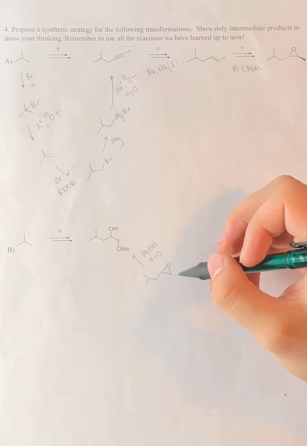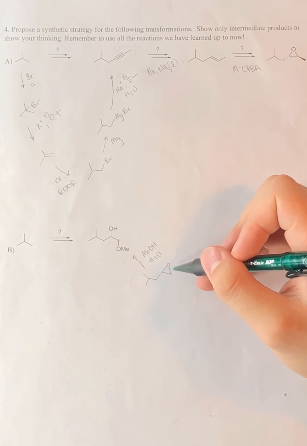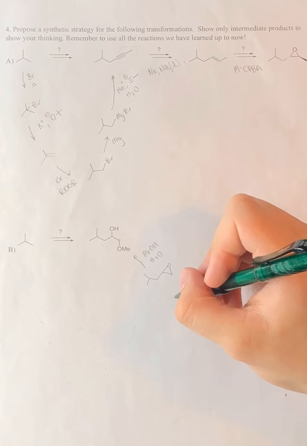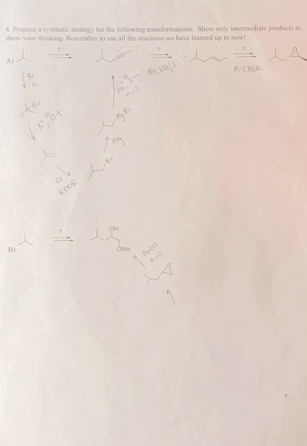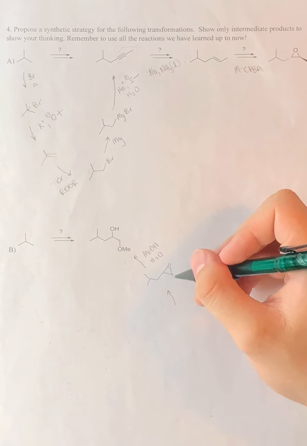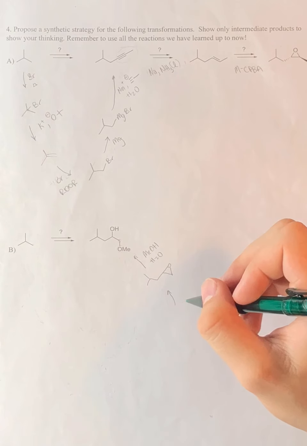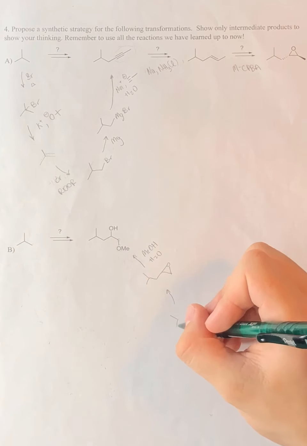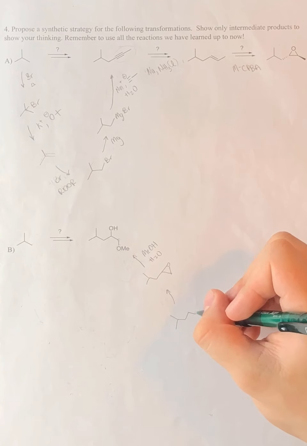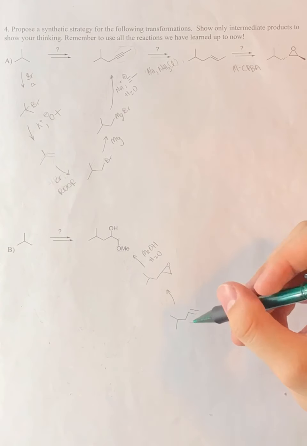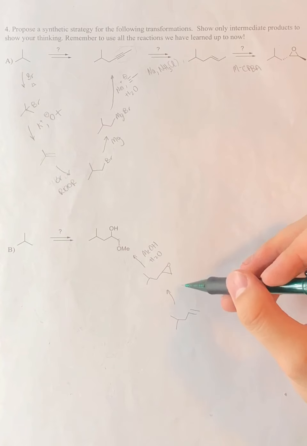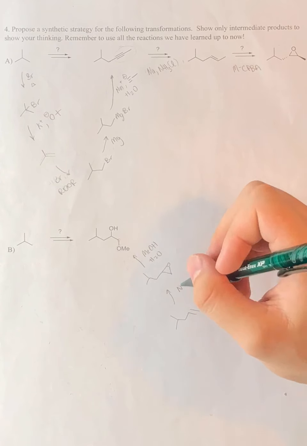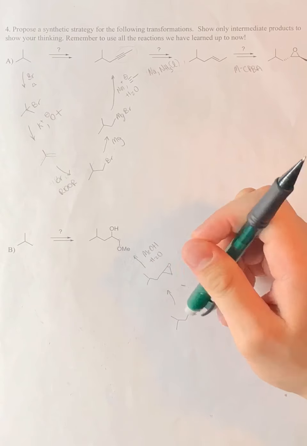Now, once again, remember that epoxides are made from alkenes. So if we were to move one step backwards and make this into an alkene, we would have this intermediate. And something that will transform this alkene into this epoxide is something such as mCPBA.